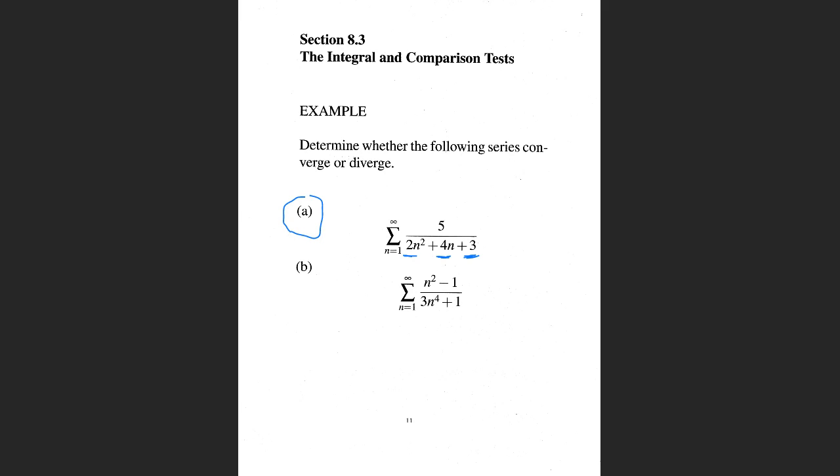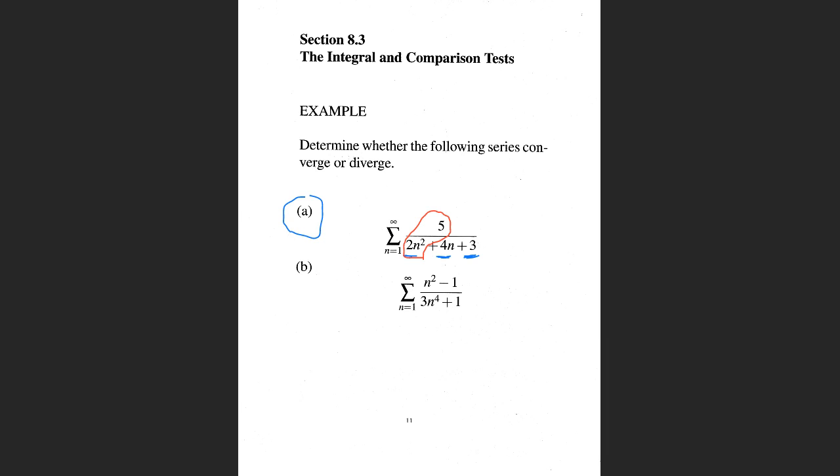That's right, Nicole, the 2n squared. That's right, Sophie. The 4n and the 3 aren't really going to matter a lot when n is very, very large. So intuitively, when n is large, this series behaves like the series 5 over 2n squared.